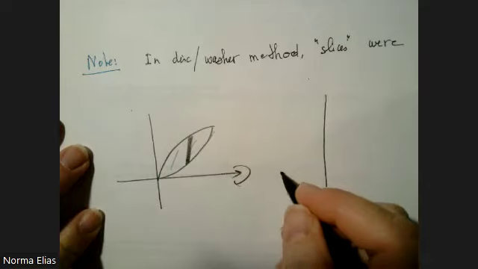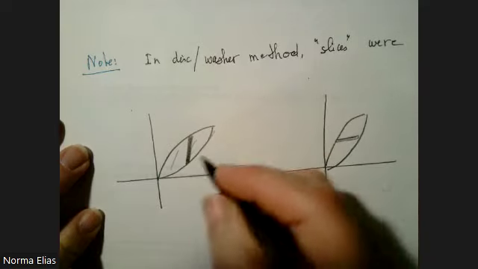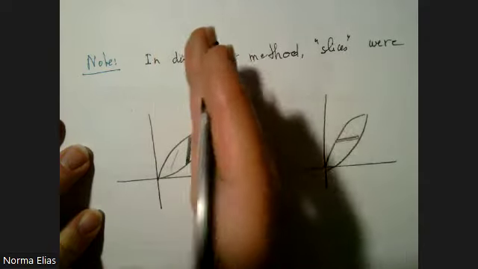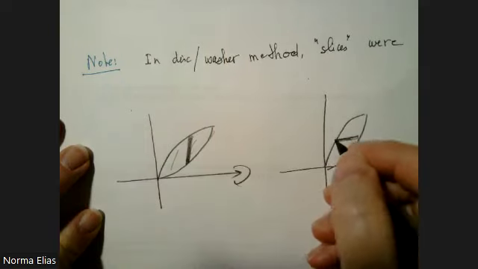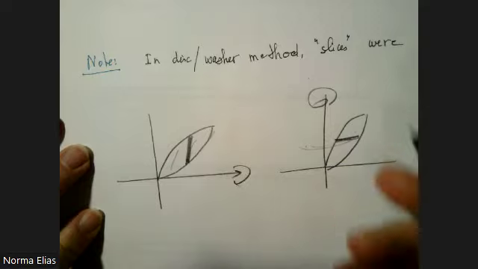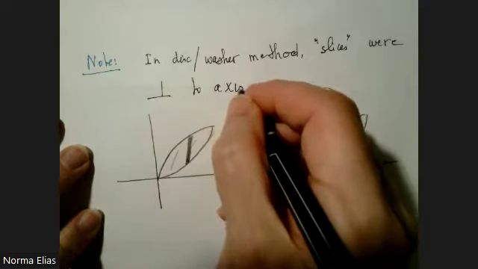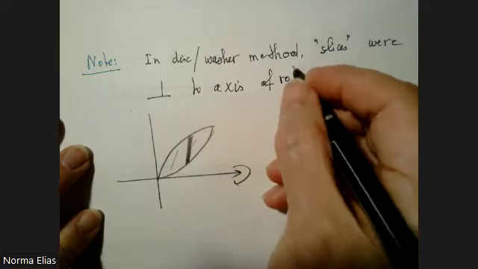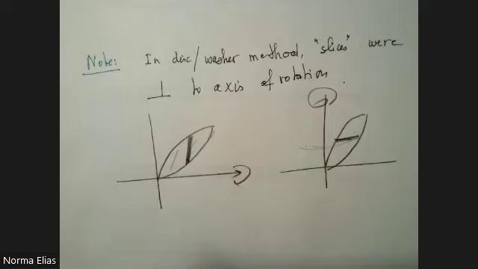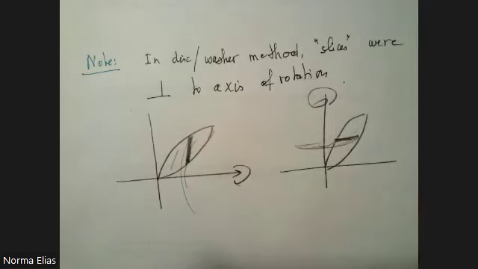When we rotate about the y-axis, those generated vertical washers. So the slices were perpendicular to the axis of rotation. Okay, so this one gave me washer, this one gave me washer, and sometimes they give a disk.